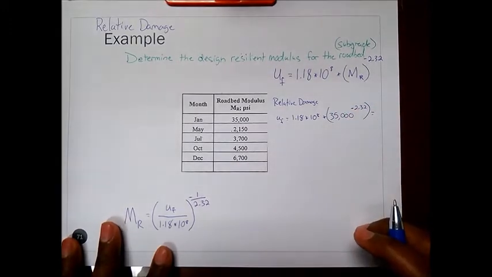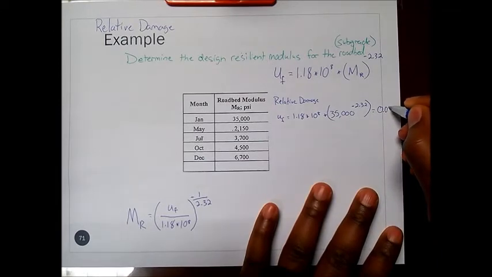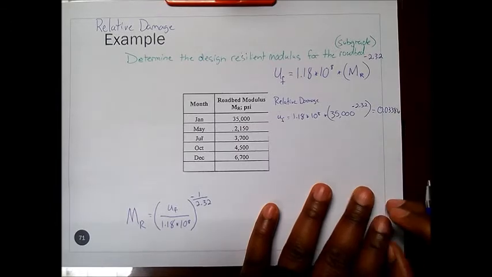And that gives me a relative damage of 0.03386.